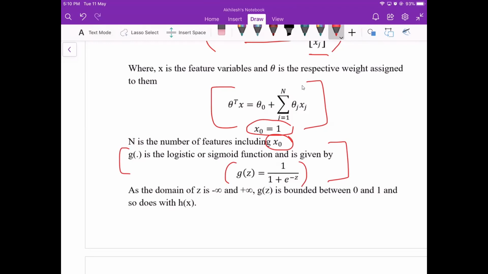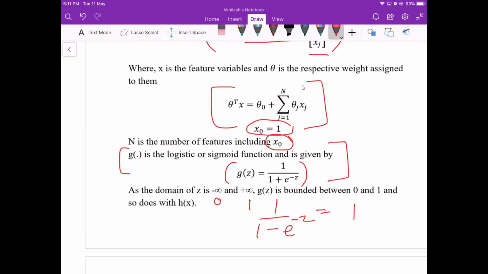The domain of z is minus infinity to plus infinity, so the function is defined for all values. When z is infinity, the power is minus infinity, e to the power minus z goes to 0, and 1 upon 1 approaches 1.